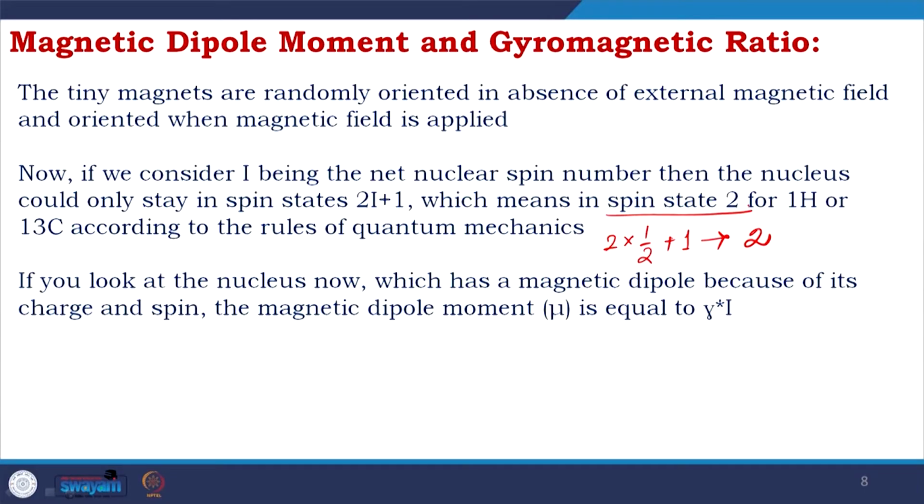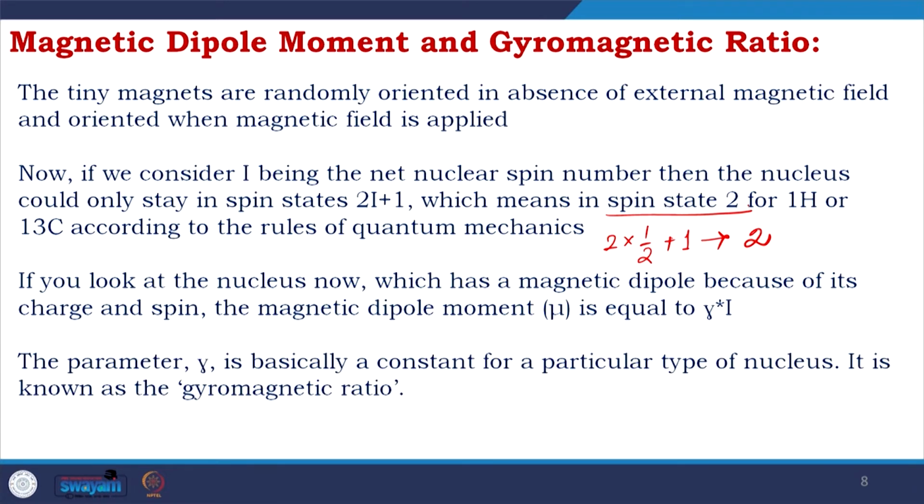So, because of its charge and spin, the magnetic dipole moment mu is equal to gamma into I. The parameter gamma is a constant for a particular type of nucleus. It is known as the gyromagnetic ratio. What you have to remember here is that gamma varies depending on the particular type of nucleus.